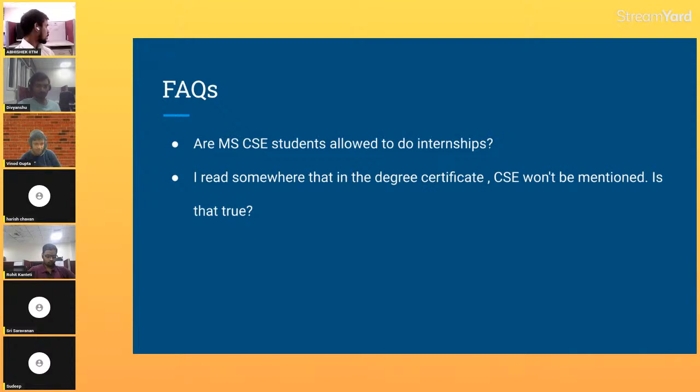There is one question about the direct PhD and integrated PhD program. The difference is you apply for direct PhD just like MS and other programs, but it is a rigorous program which requires 8 courses to be completed in the tenure.